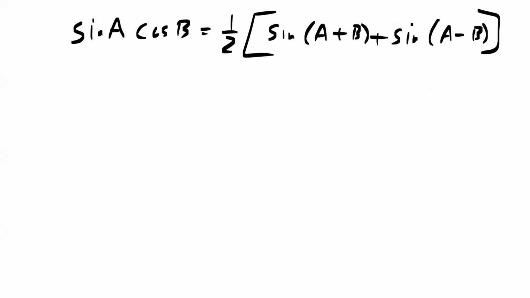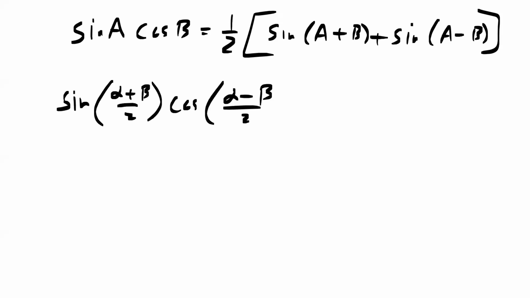So notice what's really happening is, where's a single angle that's sitting there? That's what we want to know, right? Where's my single angle? So for cosine of A, notice my A angle sitting next to sine, right? My B angle sitting next to cosine. I'm going to replace it with sine of alpha plus beta divided by 2, cosine of alpha minus beta divided by 2, because those are my two definitions. 1/2.